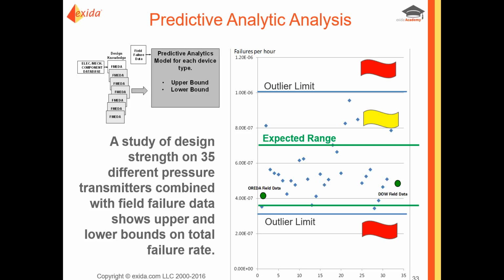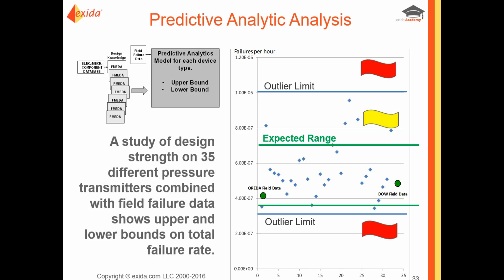And we know that any field failure data collection system should generate data within the green bars, the expected range. And we will check the output of a field failure data collection system to see if it's generating a number within the expected range.